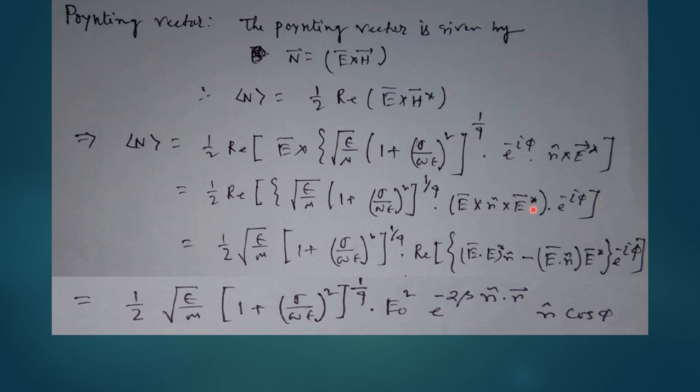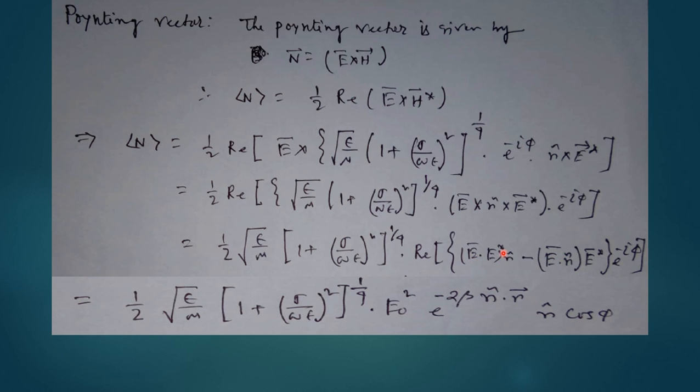We expand this using the vector triple cross product: (E dot E star) into n hat minus (E dot n) into E star, into e to the power minus i phi. We know that n hat is the direction of propagation of the wave vector, which means E vector and n vector are perpendicular, so this term is 0.